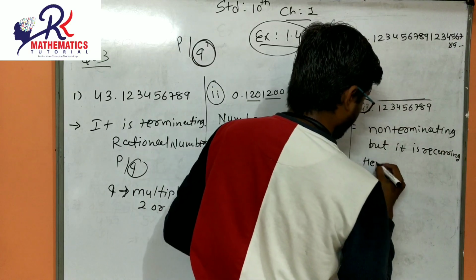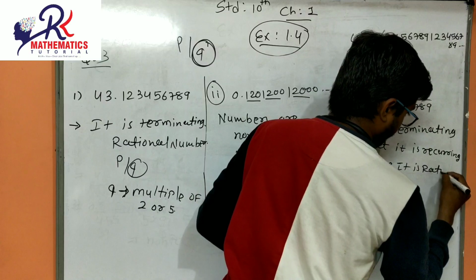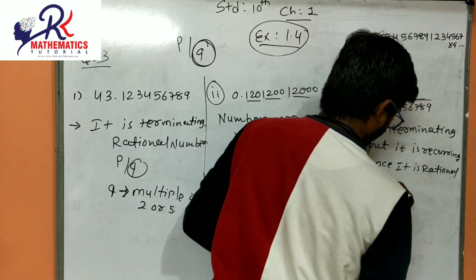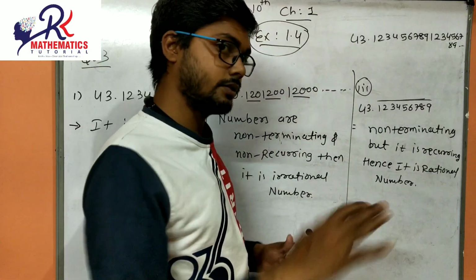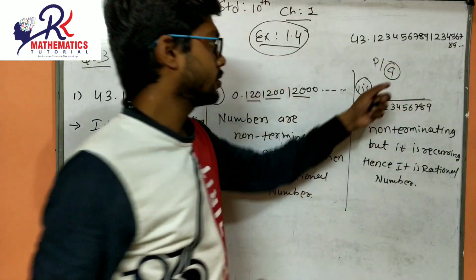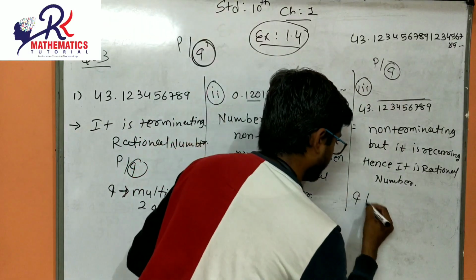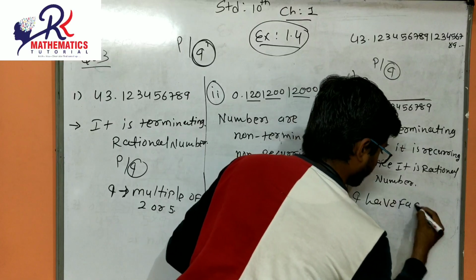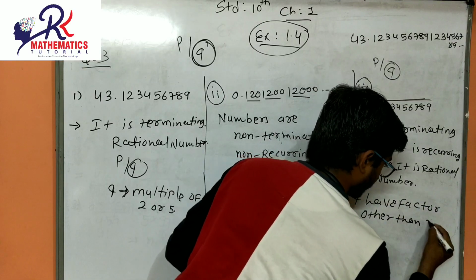Hence it is a rational number. Right, it is a rational number. It means we can write it in p by q form. But here q has a factor other than 2 and 5 because it is non-terminating. So q has a factor other than 2 or 5.